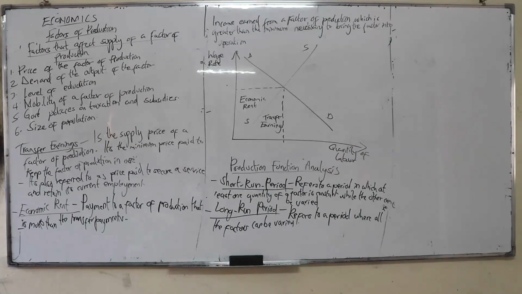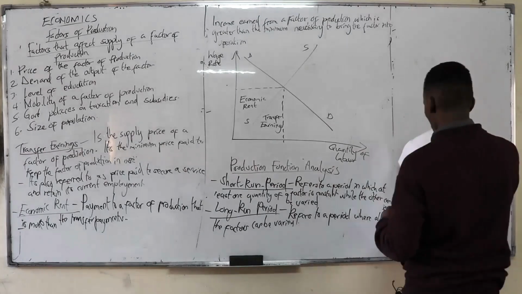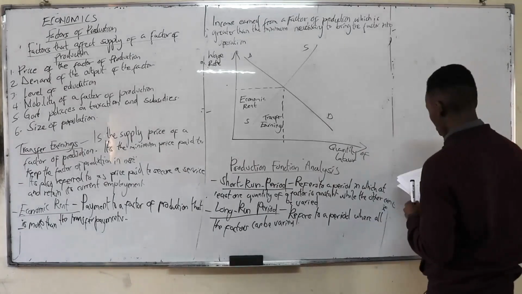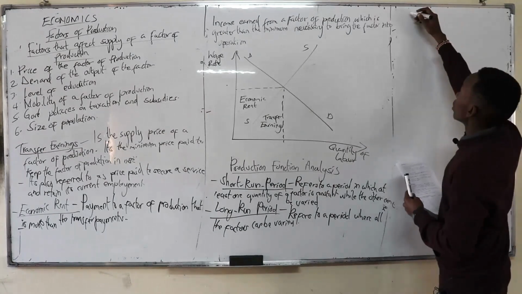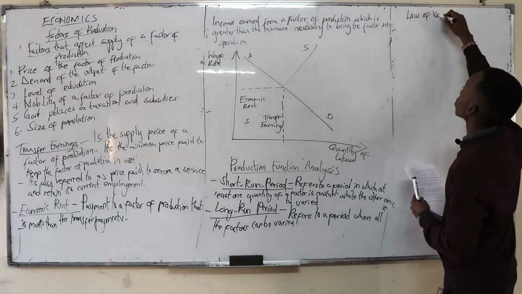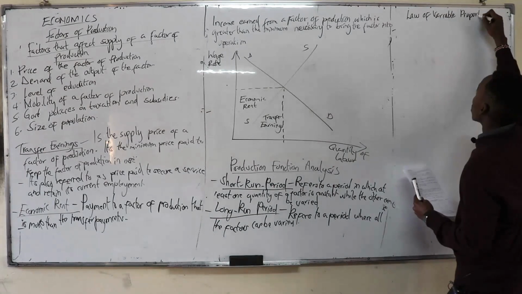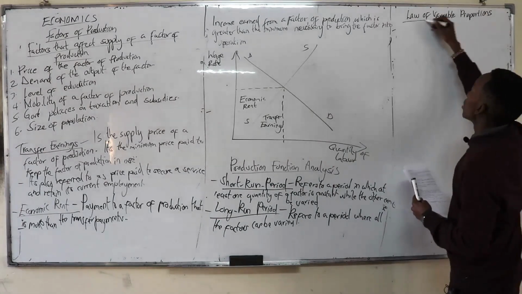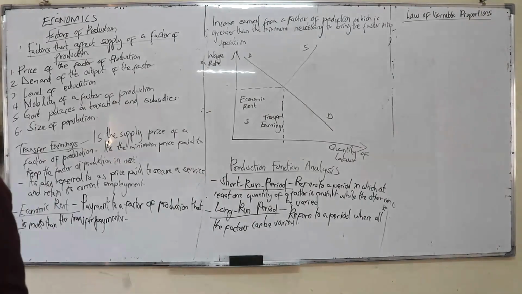When you are talking about the production function or the production period, we can have the law of variable proportions, which means the concept of the total product, the average product, and the marginal product.